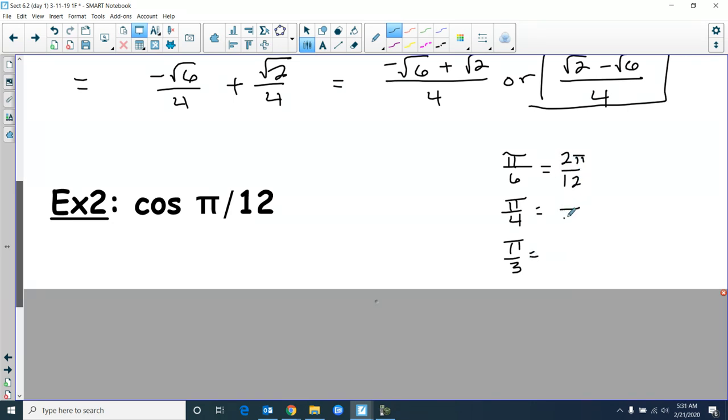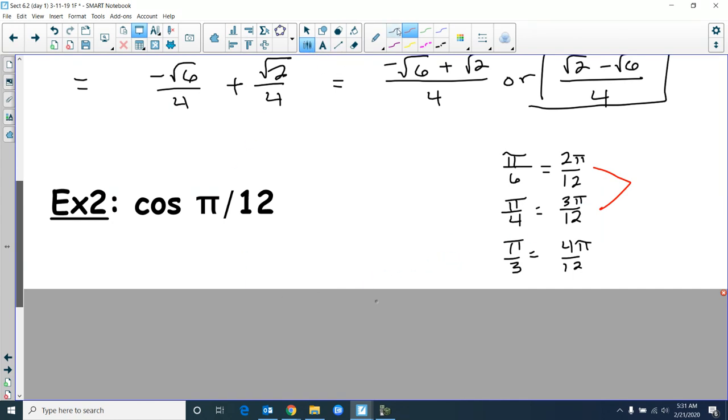That's 2 pi over 12, 3 pi over 12, and that should be 4 pi over 12. All right, how can I use any of these three to get pi over 12? I can either subtract 3 pi over 12 minus 2 pi over 12 or 4 minus 3. It doesn't matter. Let's do those two right there.